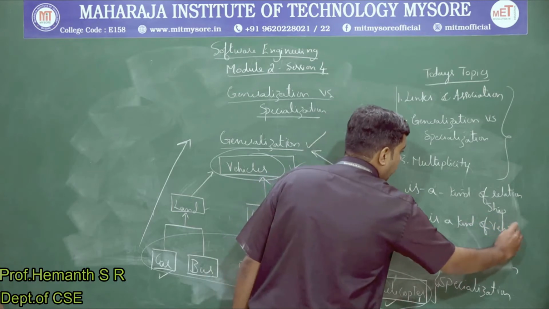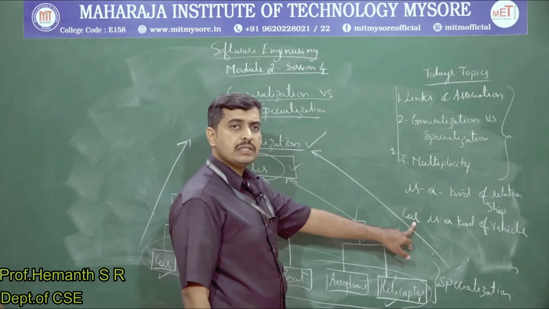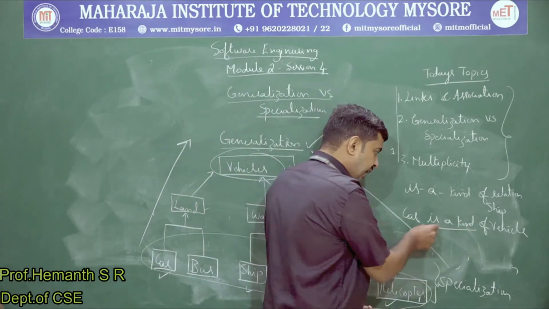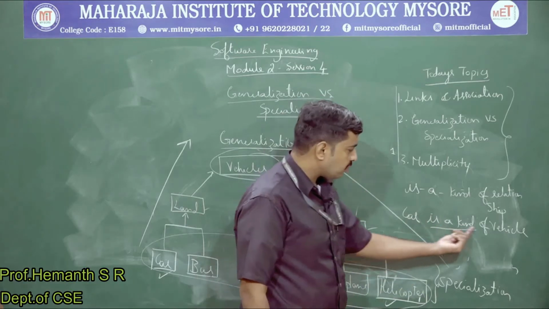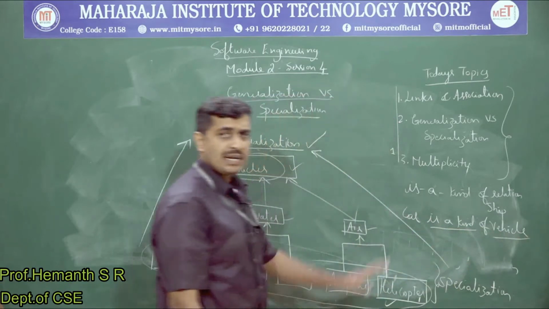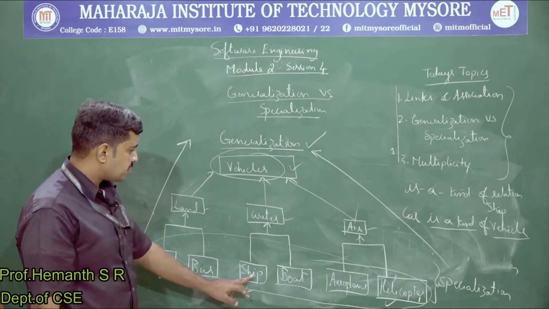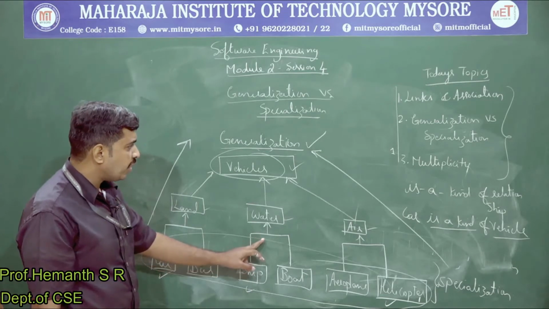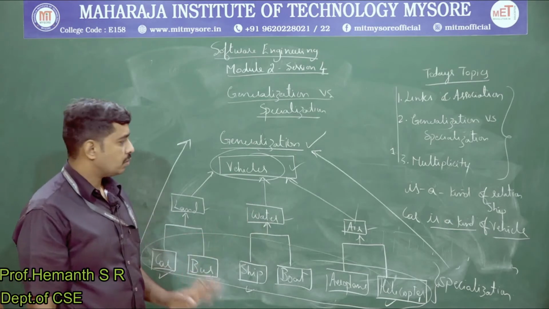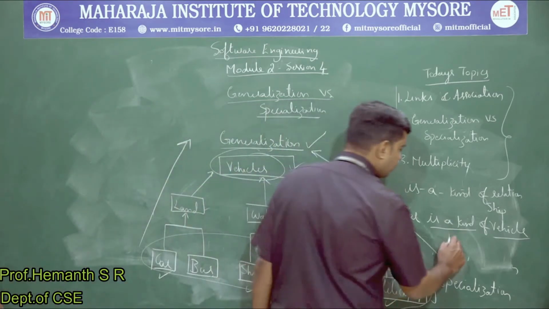Vehicle. So we can see the subclass car is being indicated as being a kind of vehicle. That is a relationship here. In similar lines, ship is a kind of vehicle, moving in water. And car is a kind of vehicle moving on land.